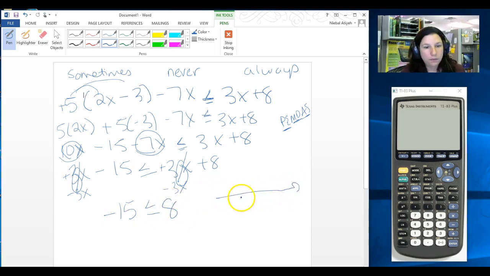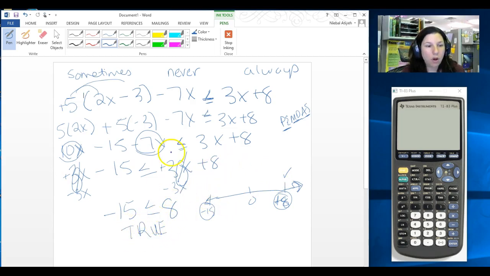So is that a true statement? 8 is over here on the positive side, negative 15 is going to be over here. 8 is further to the right on the number line. It's a bigger value, right? You'd rather have someone give you $8 than take 15 away. It's a greater value, and this statement is true.